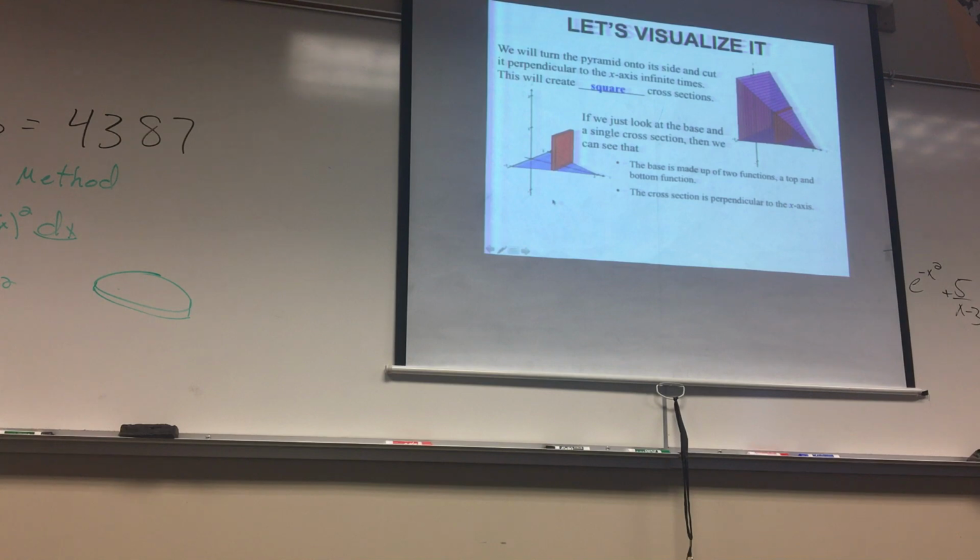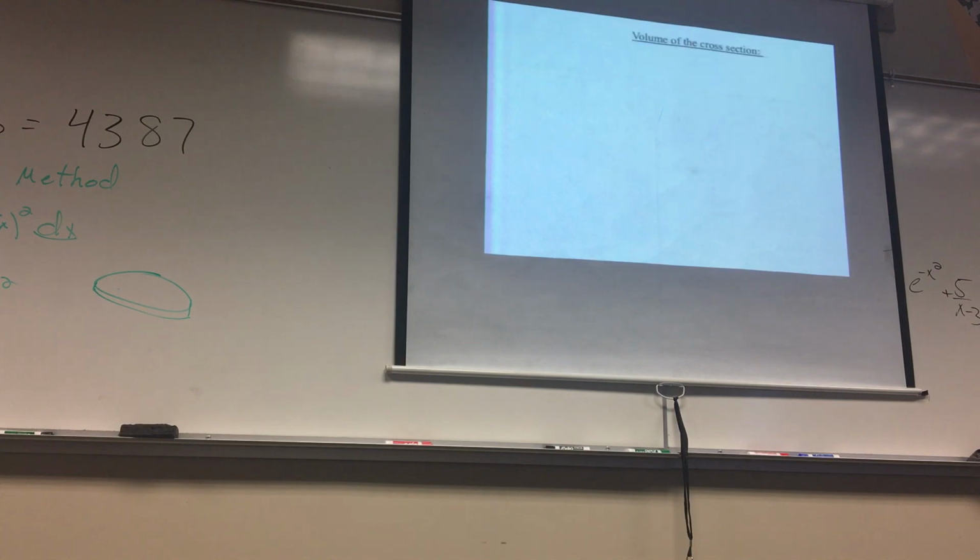Now the cross section is perpendicular to the x-axis, so this should start sounding familiar from what we did yesterday. The cross section is a very thin rectangular prism. It is possible to calculate the volume of a single cross section, and that's what we're going to be doing. So here is our model.